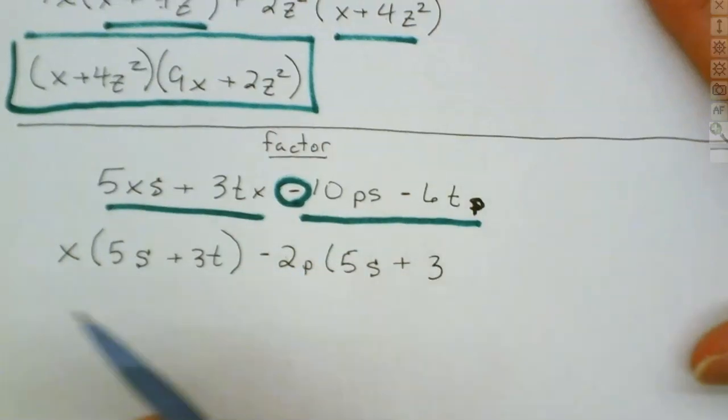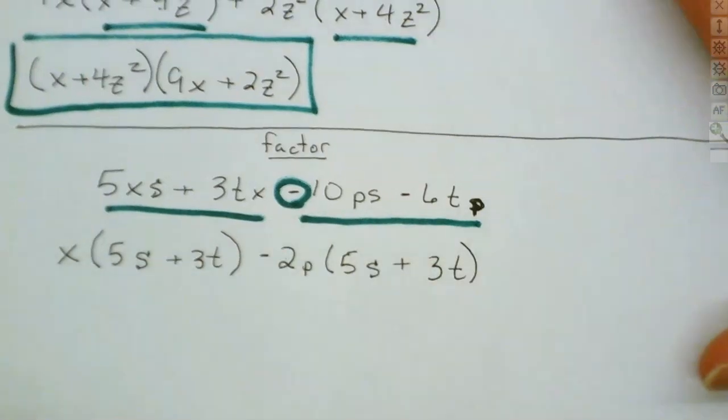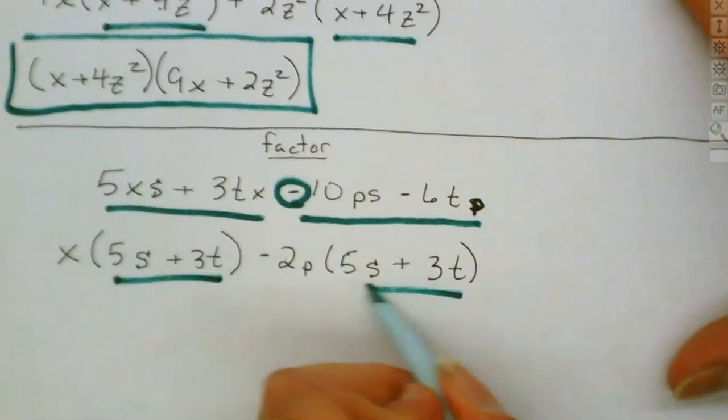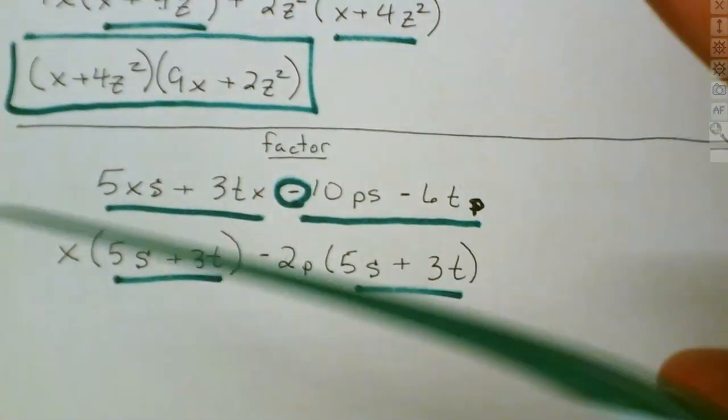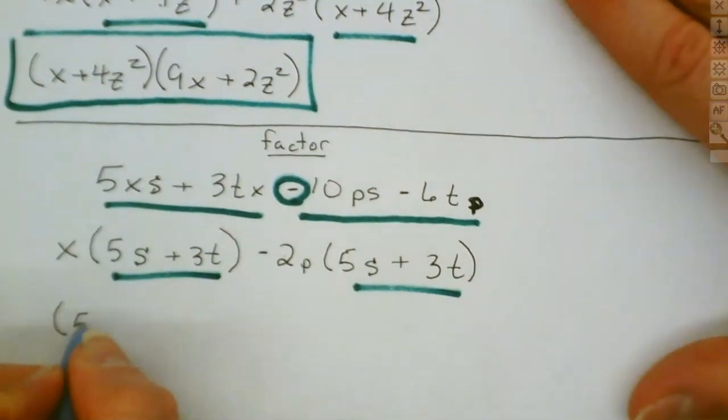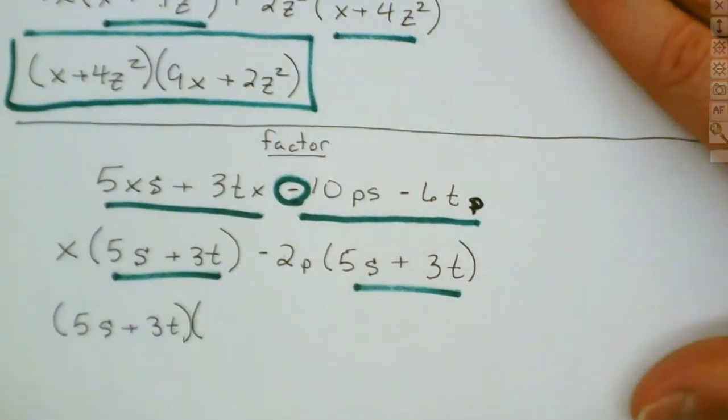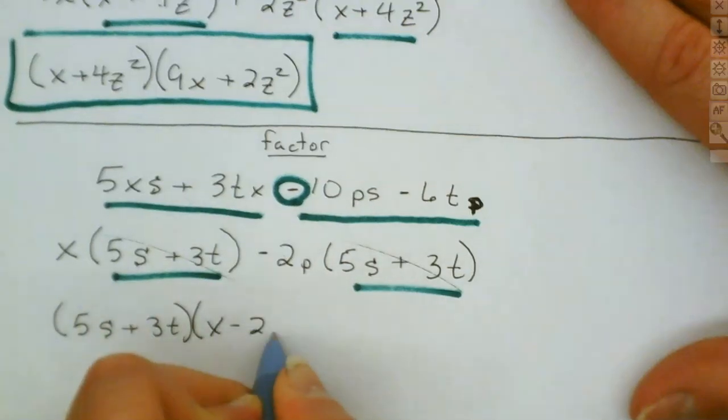And the p came out, that leaves you with a 3 and a t there. Are my groupings identical? Yes, they are. Right, those are identical, so those can come out as a 5s plus 3t. What's left over? Gone and gone here. x minus 2p.